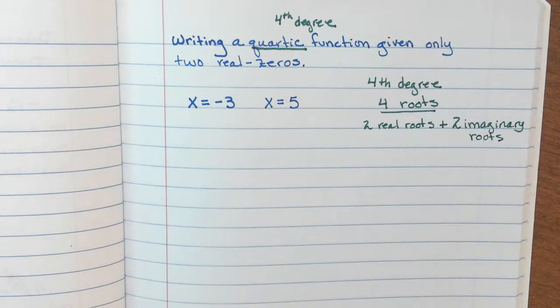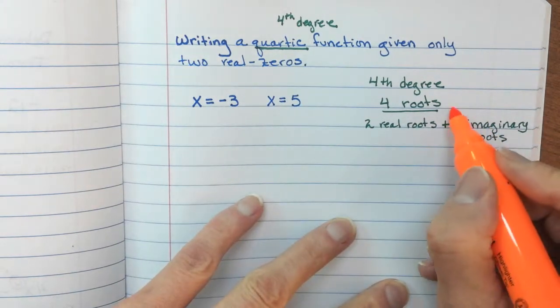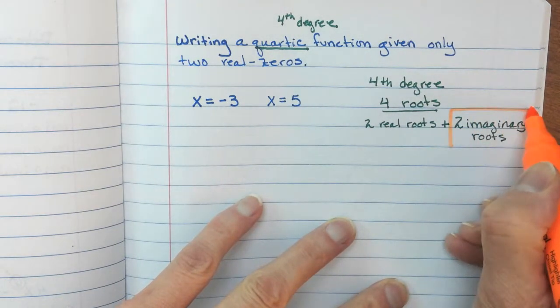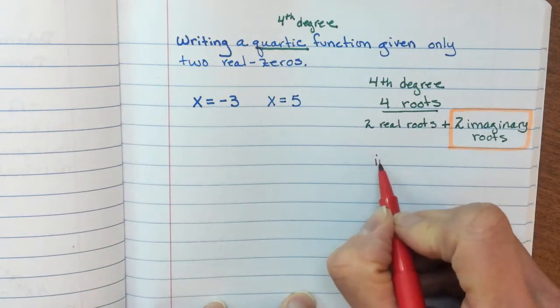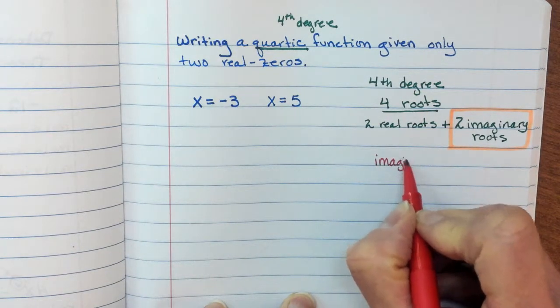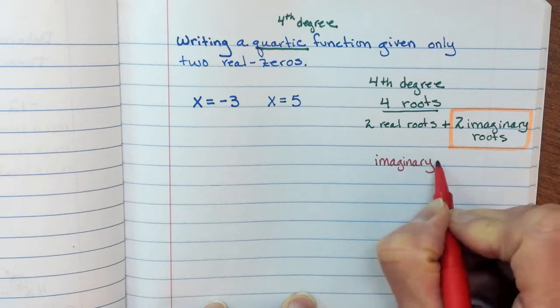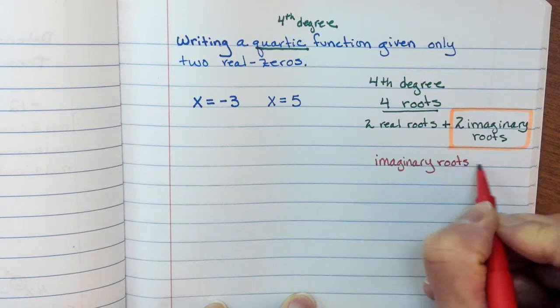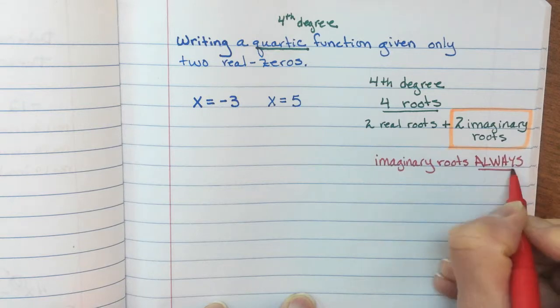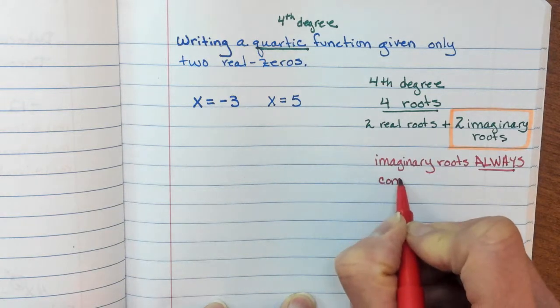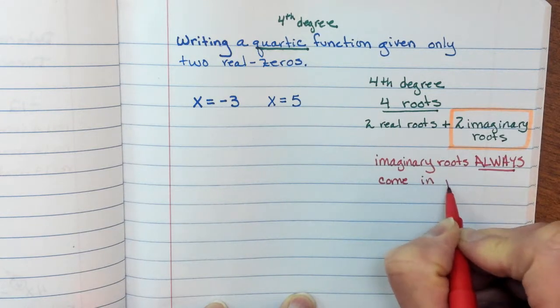Which brings us to another concept that's very important. Imaginary numbers always come in pairs. So let's write that down. Imaginary roots always, there's no exception, come in pairs.